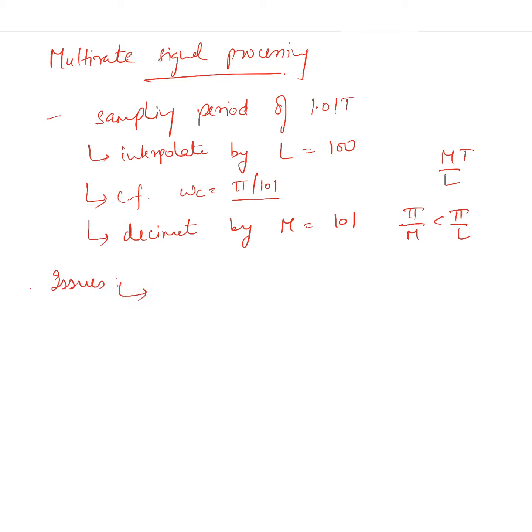The first is that you require large intermediate changes, meaning that the cutoff frequency of the filter required in the cascaded block could be very low, so the denominator of it would be of very high value, which requires these large intermediate changes.